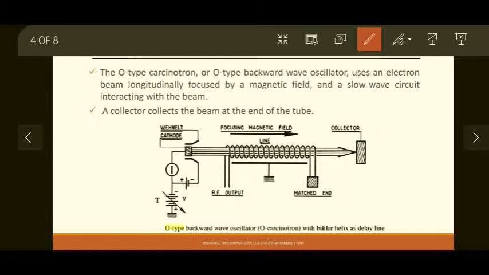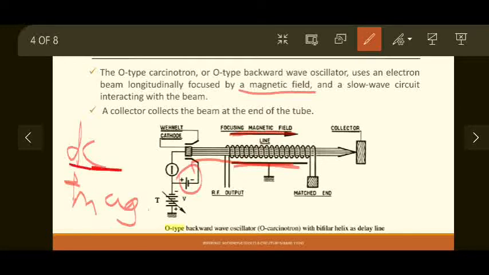O type BWO uses an electron beam longitudinally focused by a magnetic field. Now this magnetic field is generated by the magnets which are placed around the tube, as well as a DC voltage which is supplied to this one. So this is the DC voltage plus the magnetic field generated by magnets.